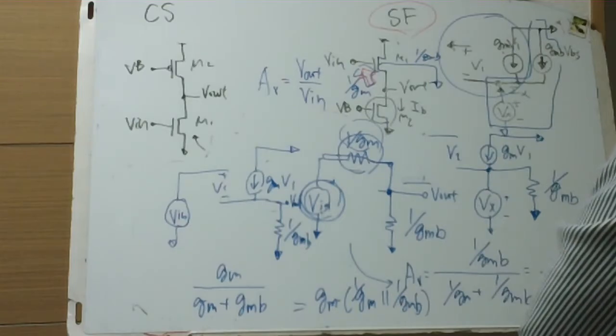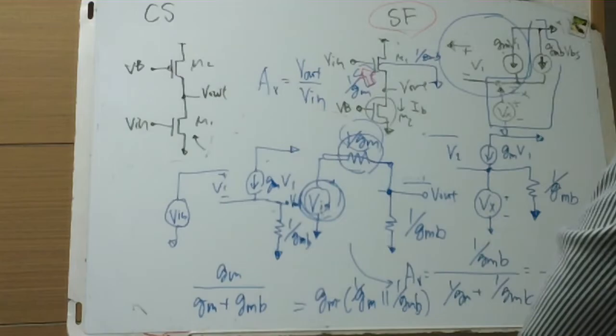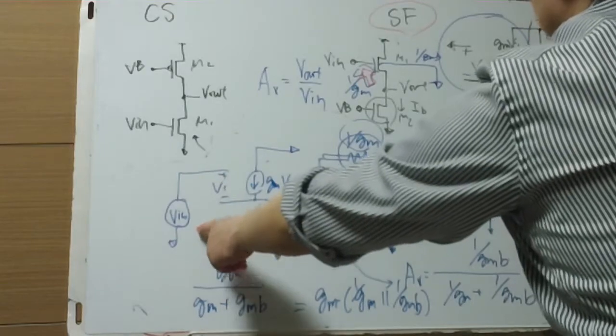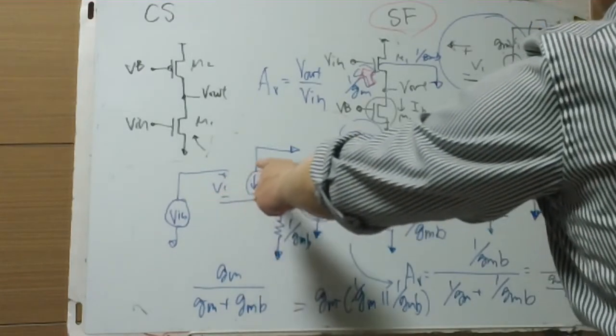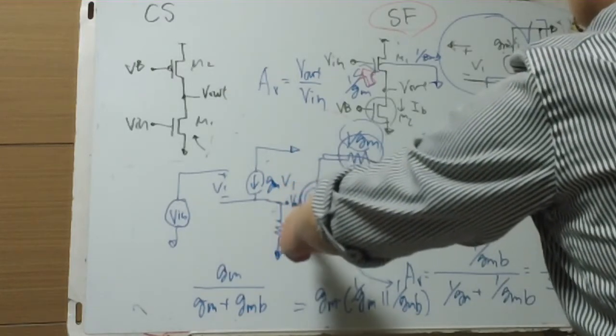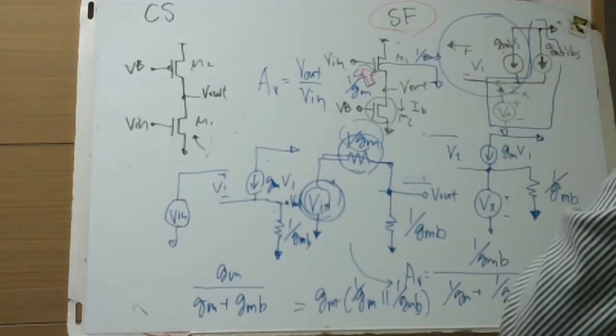Why does finite Gm V1 exist? Because V1 is varying, but V out is varying also, and V in causes V1 and V out to vary. No, V in causes V1 variation, which causes the current variation, and Gm times 1 over Gmb gives the V out variation.